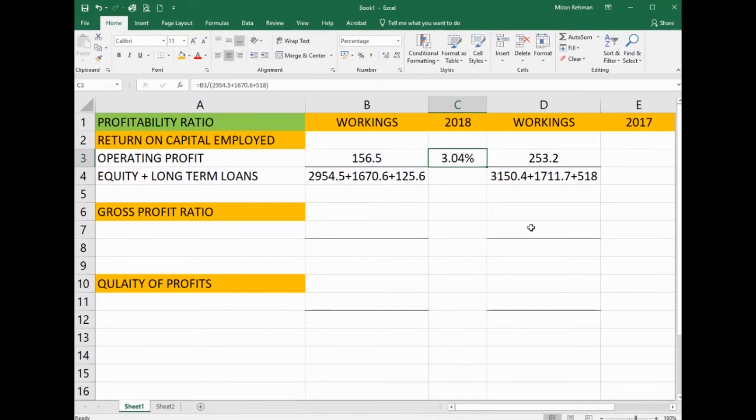It was giving me a figure like this, a number, but what I did, I converted it into a percentage, and now I have 3.04.